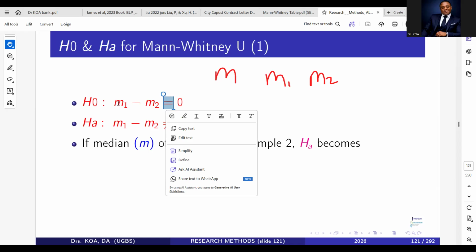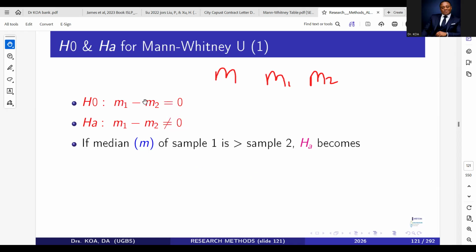And this is saying that the difference between the median of the first group and the median of the second group is 0. And because of the equality symbol, this becomes the null hypothesis.